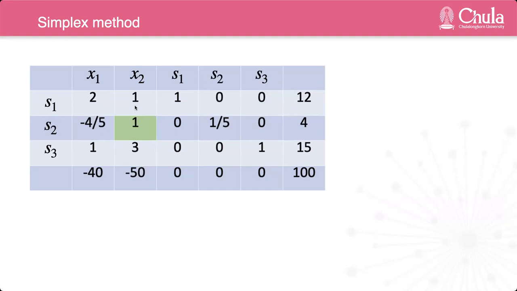We have to transform this table such that this element becomes 0, this element also becomes 0, and this element becomes 0. We allow only this element to be 1. The rest must be 0. How to do that?